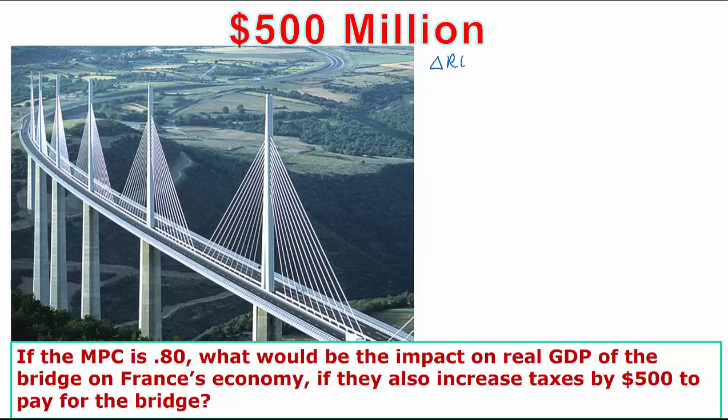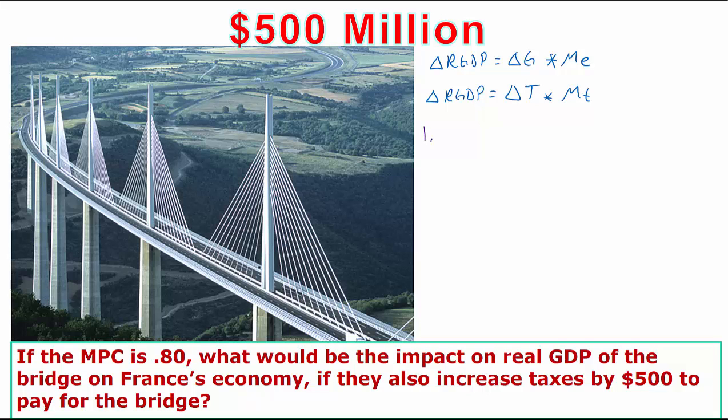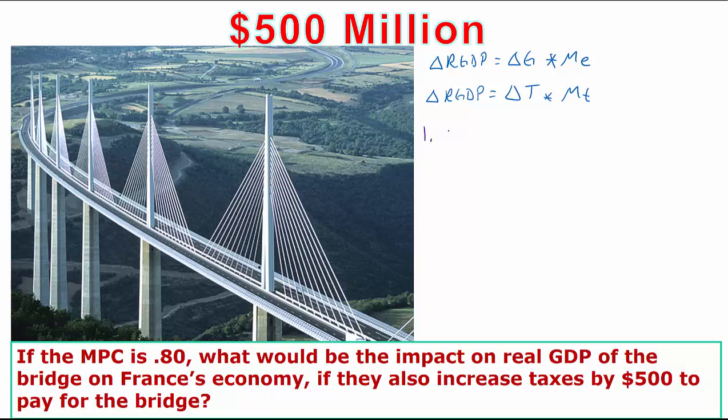Don't forget, our change in real GDP can be found by taking our change in government spending times the expenditure multiplier, or it can be change in taxes times the tax multiplier. So we're going to have a couple things happen here. Okay, number one, the spending of 500 million is going to multiply times, well, what's our expenditure multiplier? Let's see.